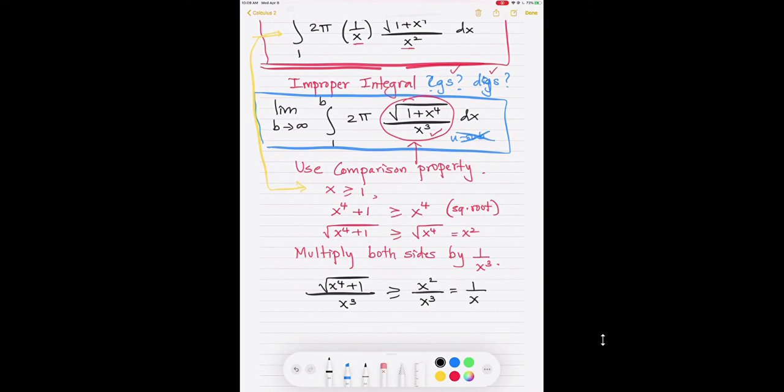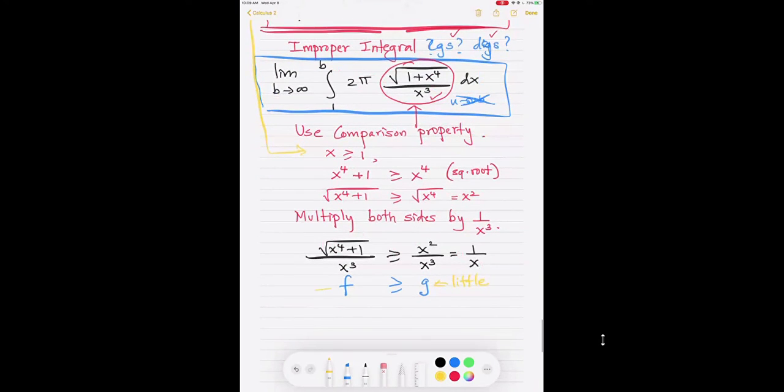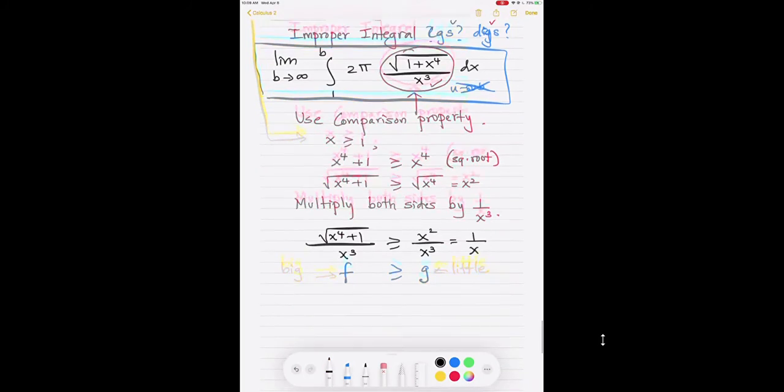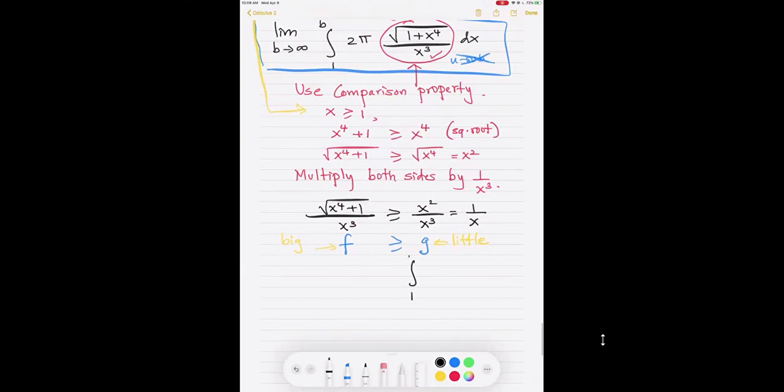So I'm going to point out to you, f is greater than or equal to g. So this is the little guy, and the one that you were after, the integral that you wanted, was the big guy. So tell me, what happens to the integral from 1 to infinity of 1 over x dx? I'm going to say it diverges, because if I remember, this integral only converges for p greater than 1.